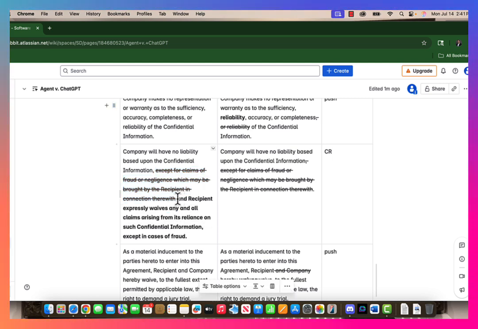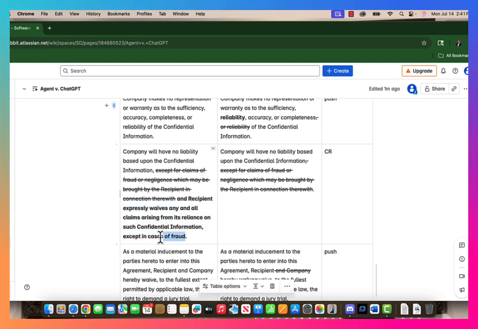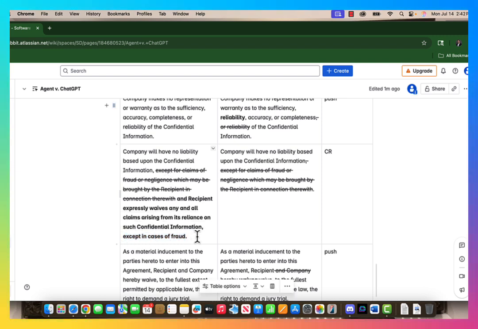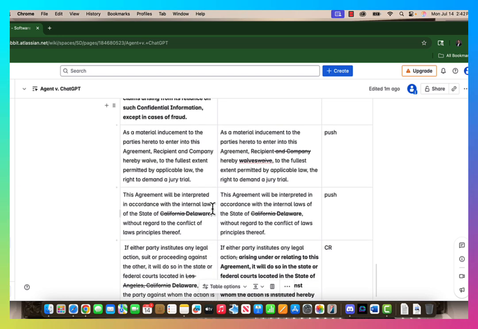But then ChatGPT added in this new language that also is not in the precedent set. And it's also almost basically adding in this language here, which is very, very similar to the language that it just crossed out. So this is, I would say, close to what is basically known as a hallucination. And it does that a lot in these documents, and we'll see that further down.